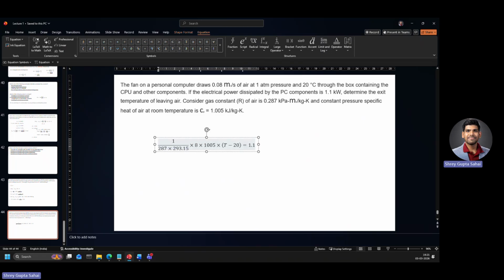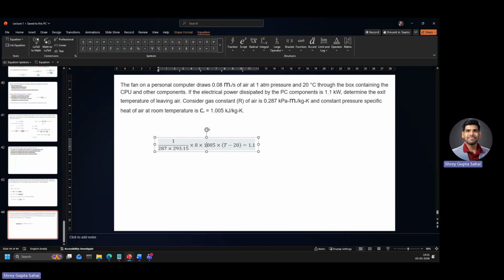So 1.1 here. And then we'll have to use the calculator here, I don't see anything else. 287 times 293.15 divide by 8 divide by 1005 divide into 1.1.